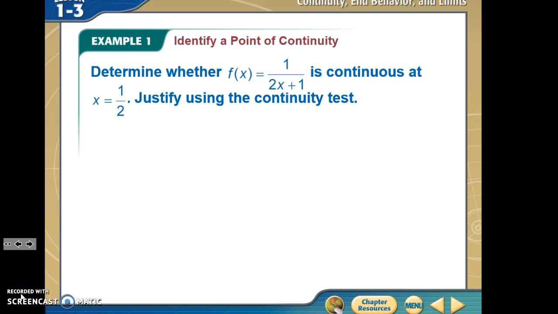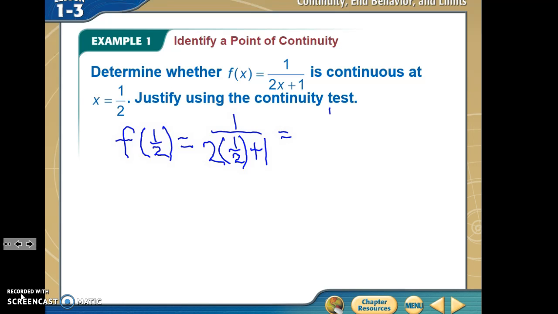Our first thing is we're going to plug in 1/2 into our f of x. So now we're just going to evaluate. We have 2 times 1/2 is 1, plus 1. So our f of 1/2 equals 1/2.